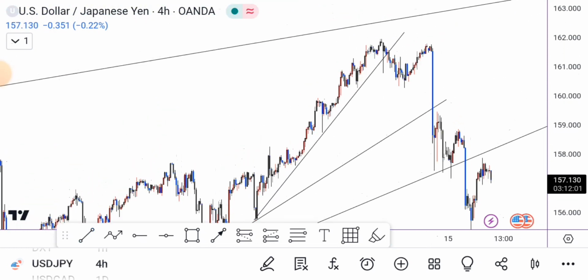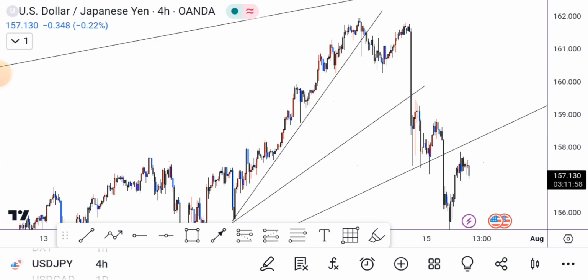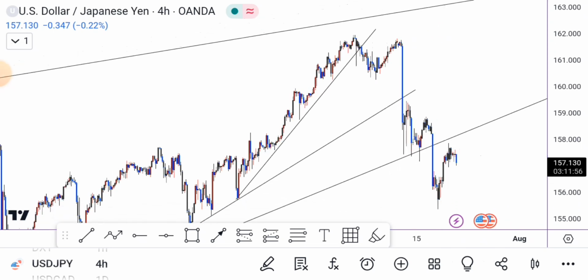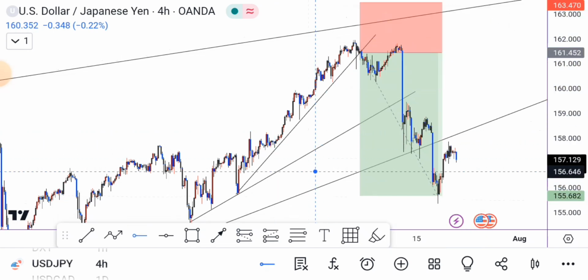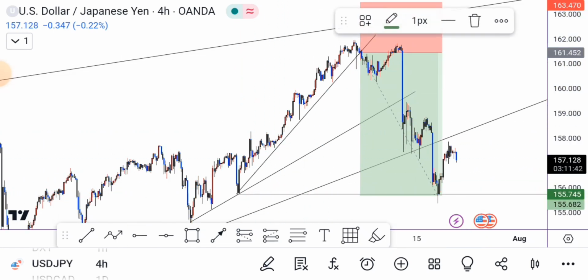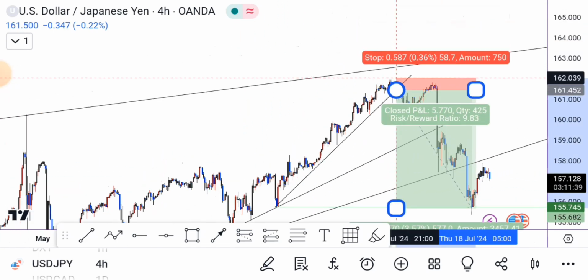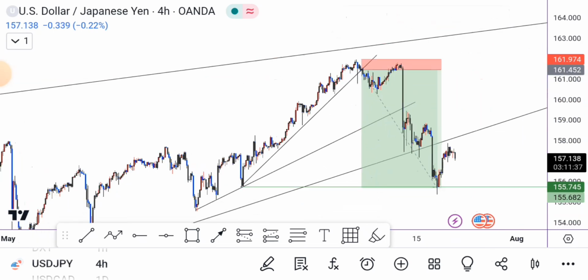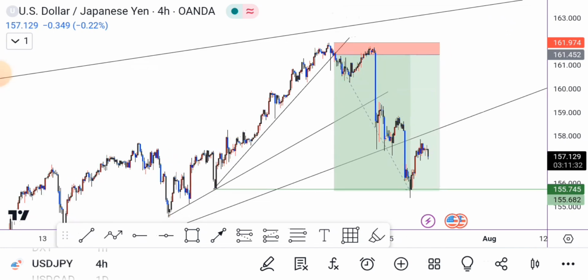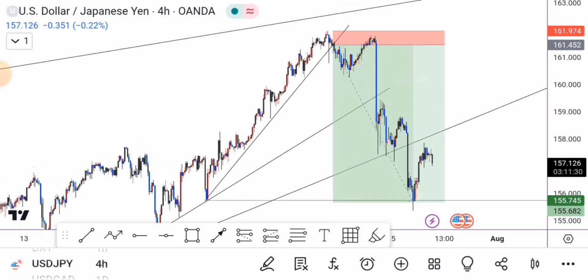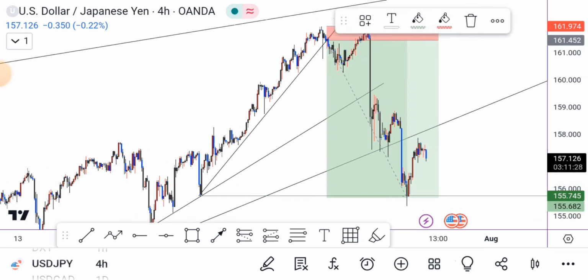We could have gotten an entry at the break of the first trend line, over here at this break, and target the low, which is the 90% rule. Put our stop loss above the high, and you guys could be earning big profits, guys. Just look at that risk to reward, guys.